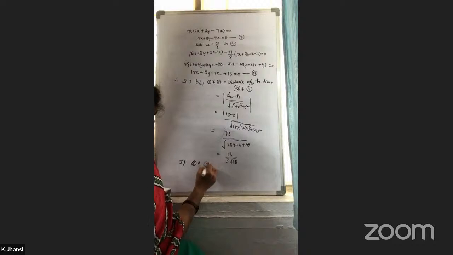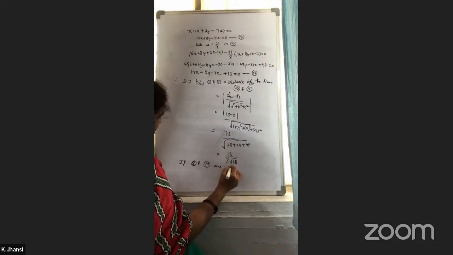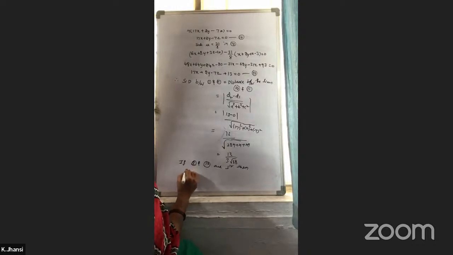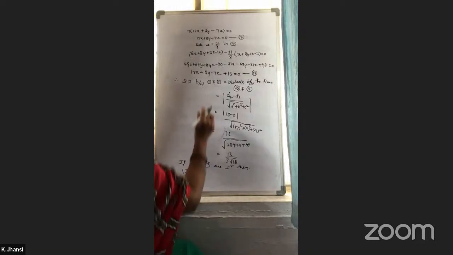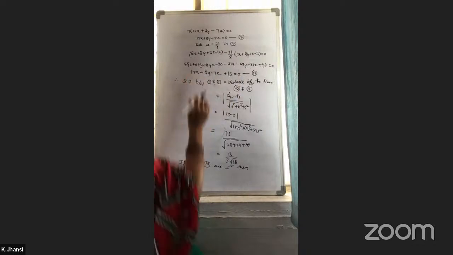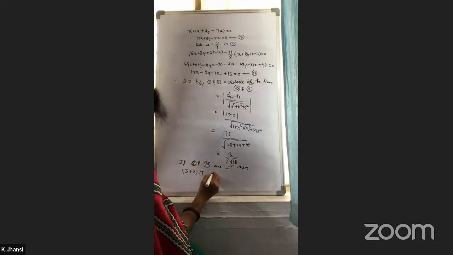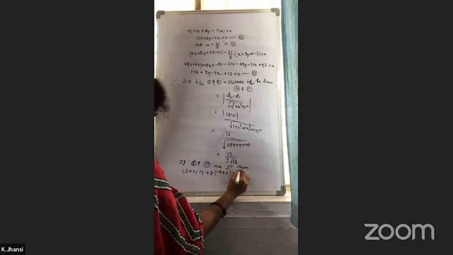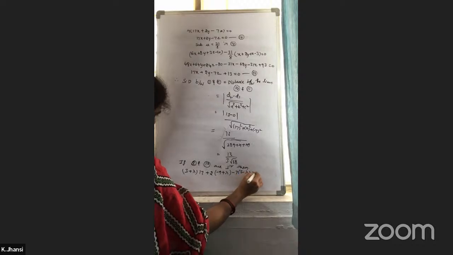If 3 and 10 are perpendicular, then the third x coefficient is 3 plus lambda into this x coefficient 17, plus 2 into minus 9 plus lambda, plus 7 into 5 minus lambda. Okay.